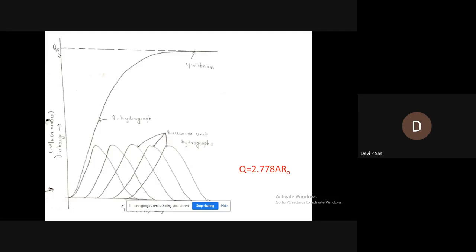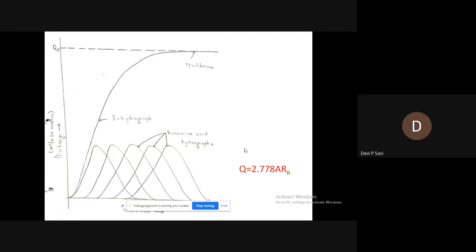We may write Q naught is equal to 2.778 A R naught, where Q naught is the constant discharge, A is the catchment area in kilometer square, and R naught is the effective rainfall corresponding to Q naught.